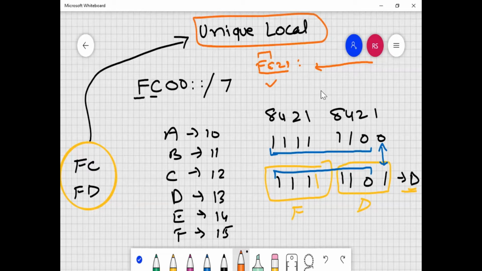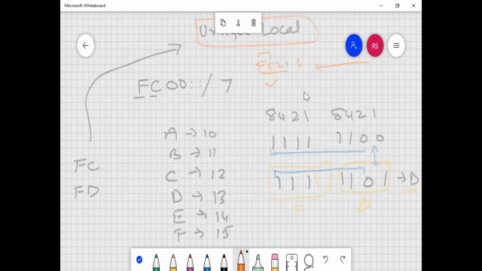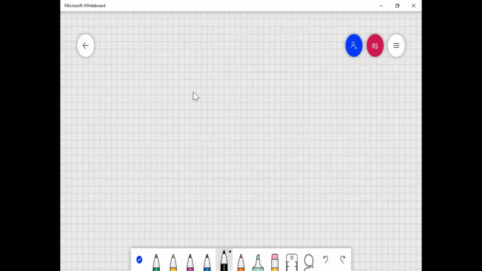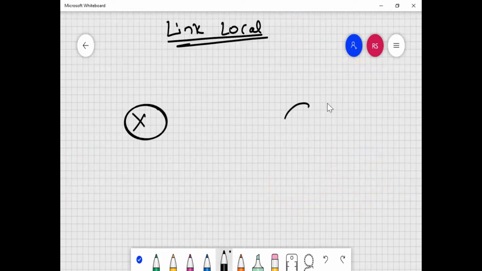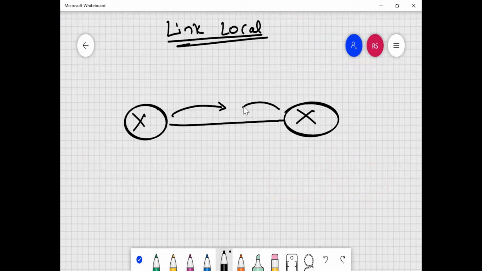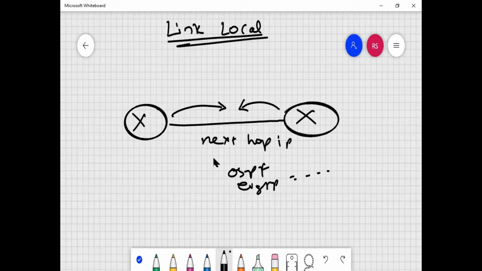Any question? No questions. Last thing I talked about, link local. When I say link local, I told you the link local will be auto assigned and will be useful for your next hop IP address, like in your OSPF, in your EIGRP, in maybe any of the routing protocols.